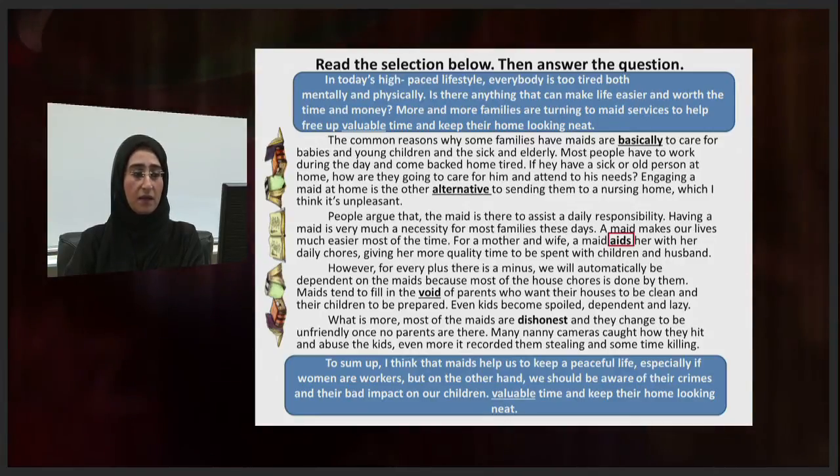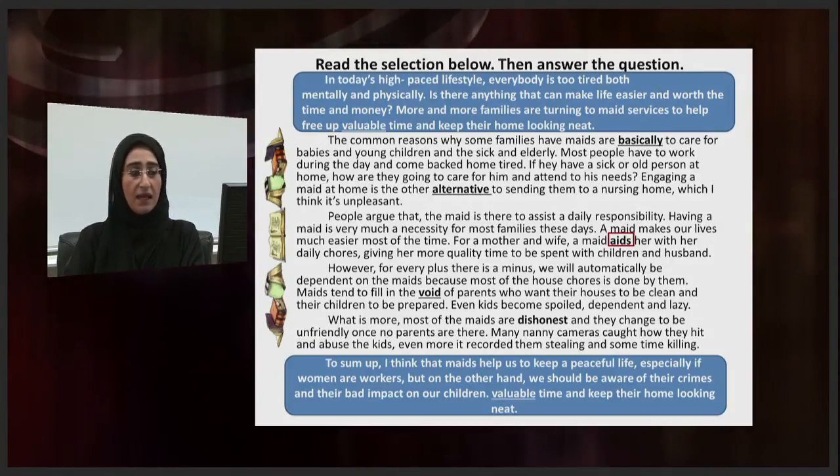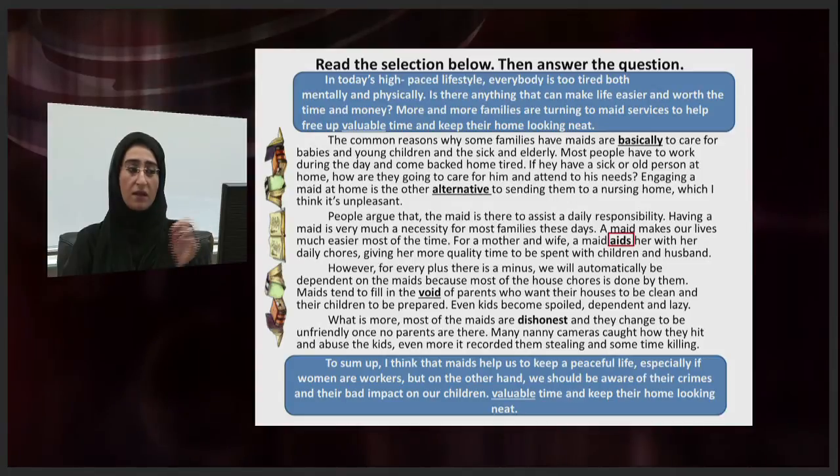So we located the word aids in the text, and we will read the sentence. If you read the sentence and you do not get the meaning of the word, you need to read the previous sentence, or maybe you can read the whole paragraph. But don't waste your time reading the whole paragraph.